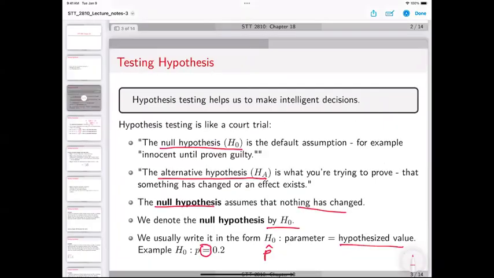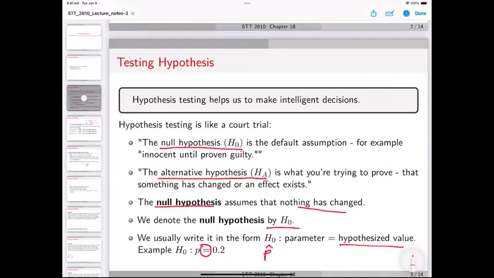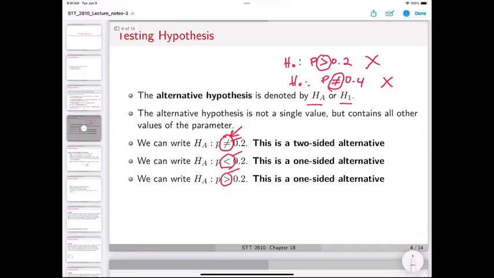Remember, we learned that the null hypothesis assumes a single value. So if you also see maybe null hypothesis P is less than 0.8, this is incorrect.